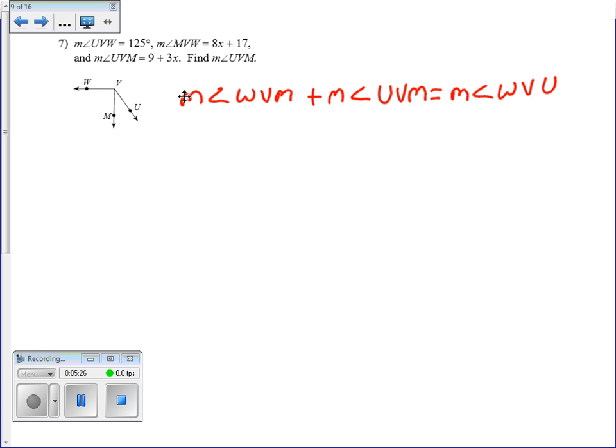WVM is 8x plus 17 plus UVM. UVM is 9 plus 3x equals the measure of WVU.